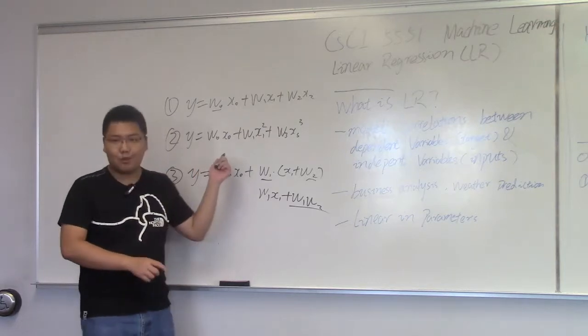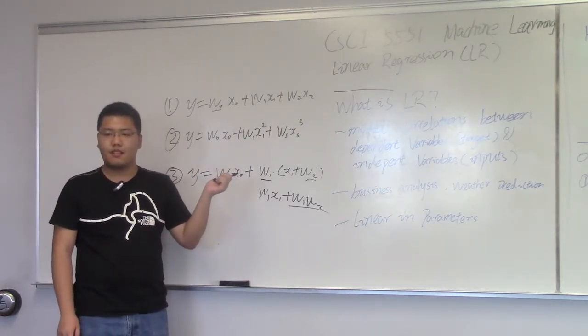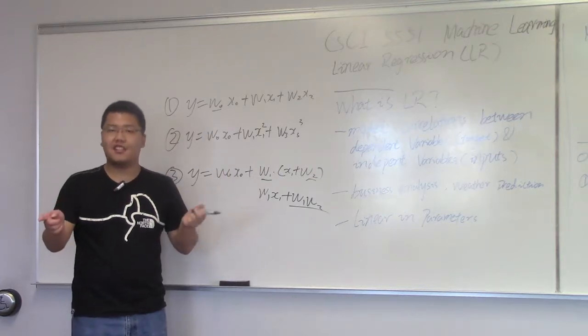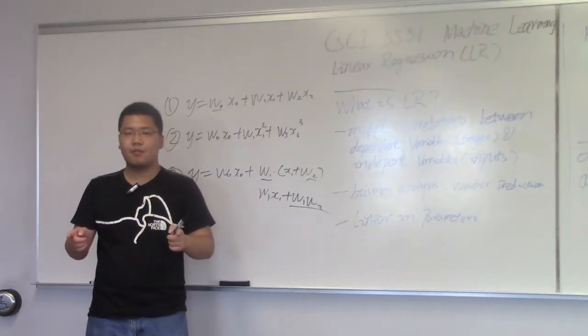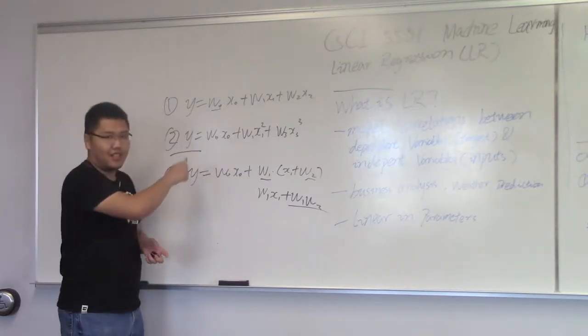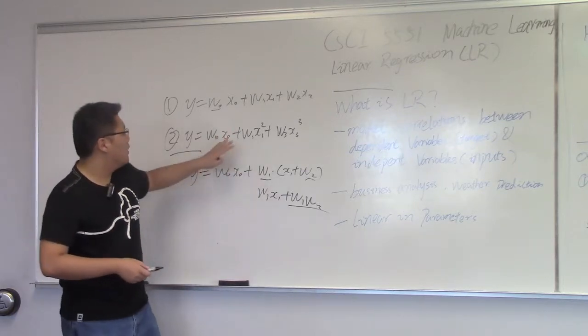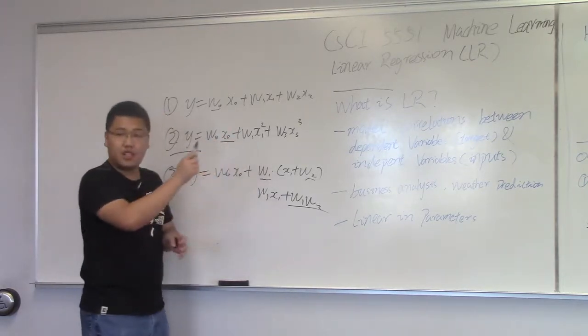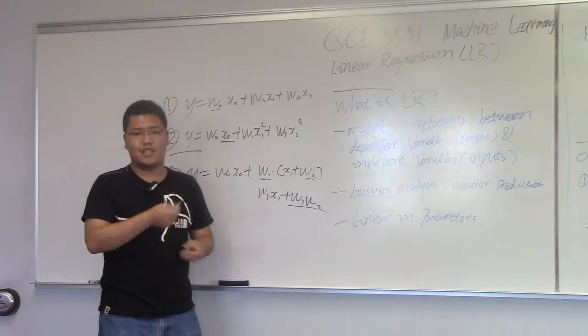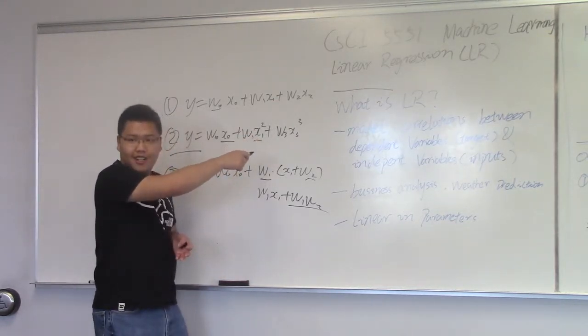So what about the second one? Any suggestions? It's non-linear? Okay, non-linear. Any different idea? Okay. Our second equation here is actually linear in parameters. If you focus on the x here, which is our independent variable, it's nonlinear because there is an x squared here, right?